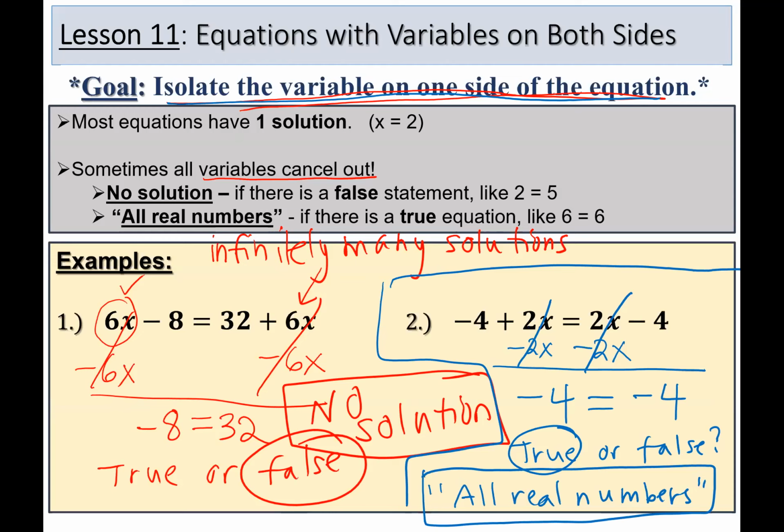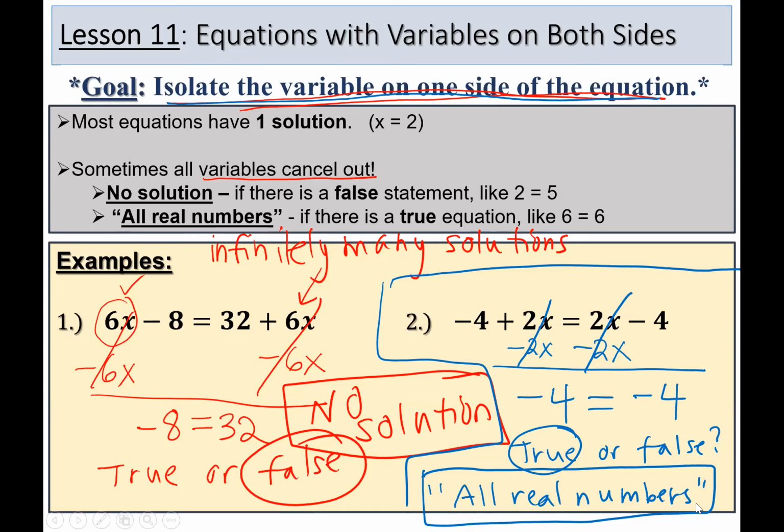We can plug in any number for x, and we will end up with a true equation. It might not be -4 equals -4. It might be 10 equals 10 or 50 equals 50. It doesn't matter, but regardless of what you plug in for x, you will always end up with a true equation in this example. So x can be anything. So we say all real numbers.